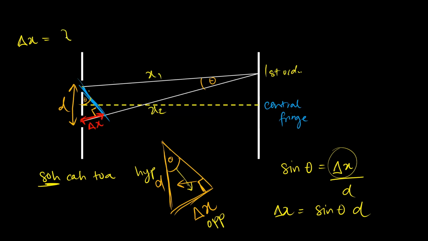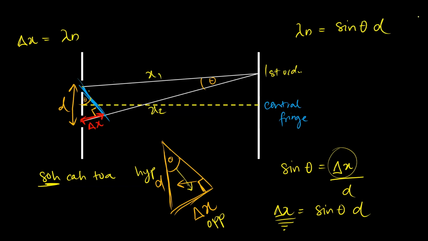So that means that lambda multiplied by an integer n is also equal to the path difference. That's how we got 1 lambda, 2 lambda, 3 lambda to represent the orders. So we can further substitute delta x for that in our equation. So lambda times n is also equal to sine theta multiplied by d.